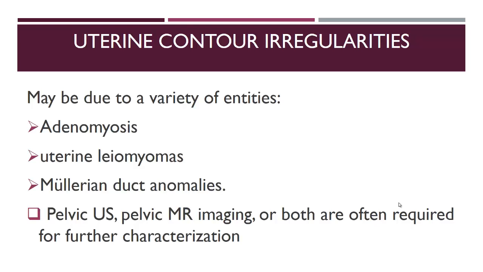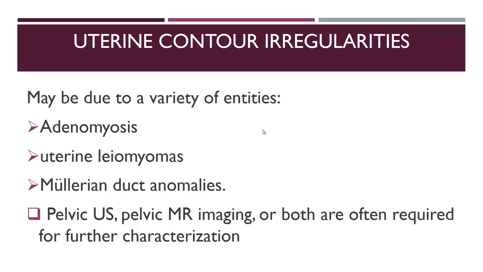Uterine contour irregularities. First of all, when you see the normal uterine cavity as we see in the first lecture, it is triangular in shape, the fundus either mildly convex or flat or mildly concave.